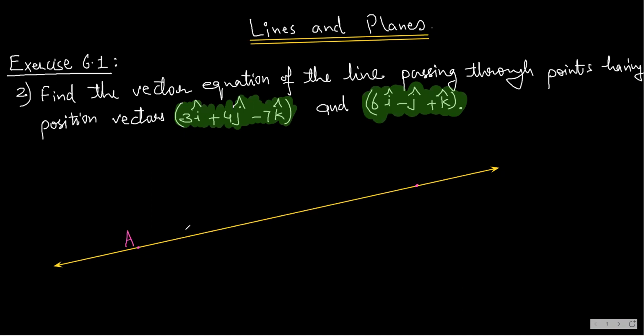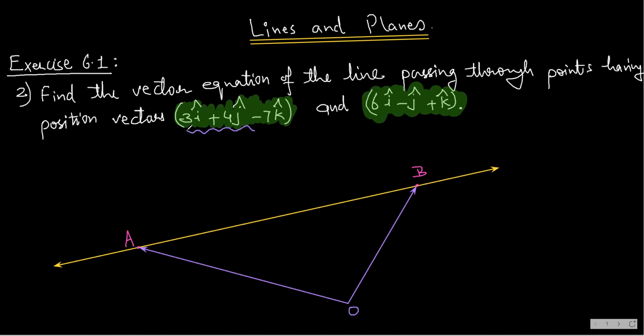When they directly give us the position vector, it is good for us because they are helping us, and the length of the solution will be reduced.